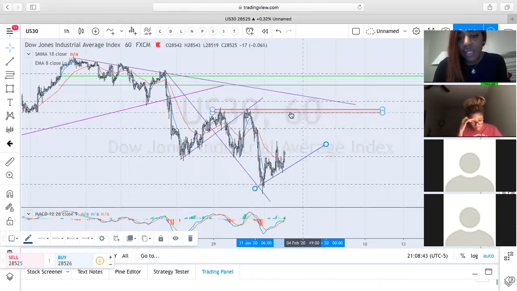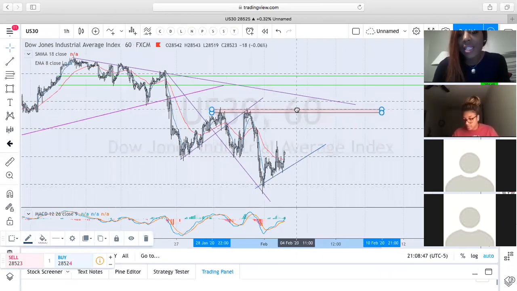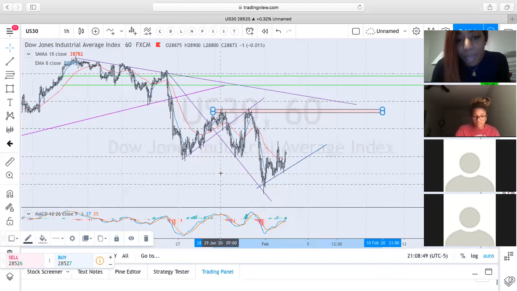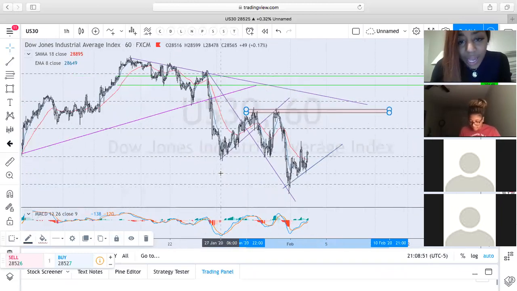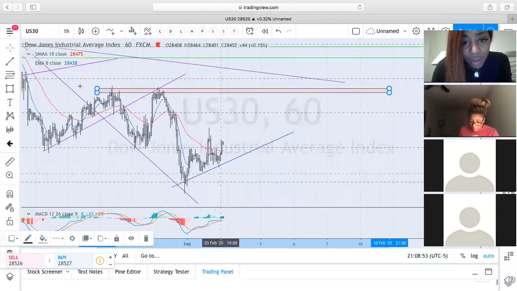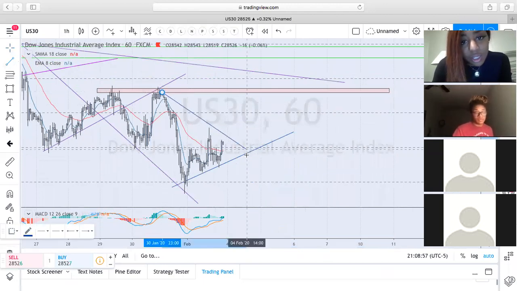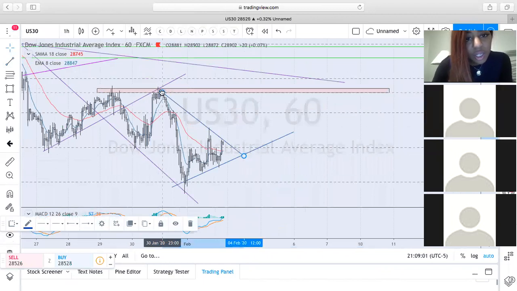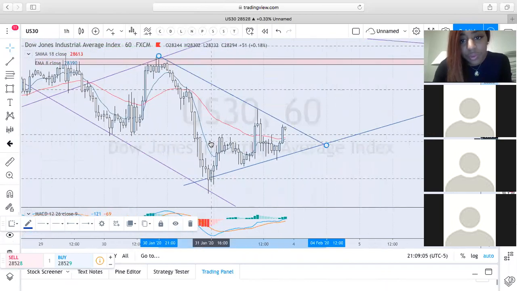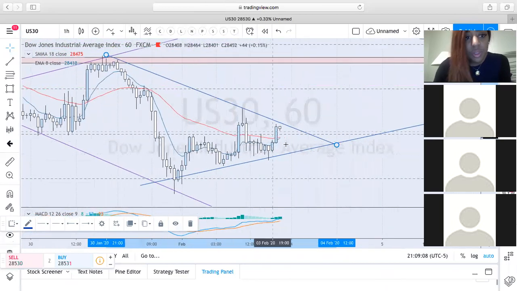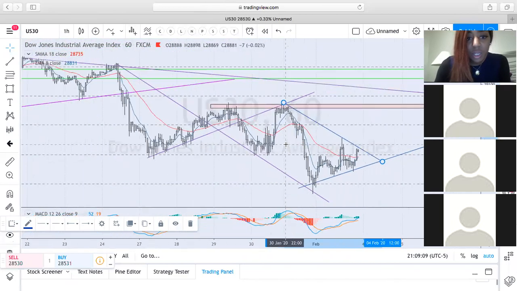I want to see how this respects at this level before I have you guys buy it any higher. I want to see how this plays out in the morning, just because this is also a line that we need to be aware of. So let me see something.